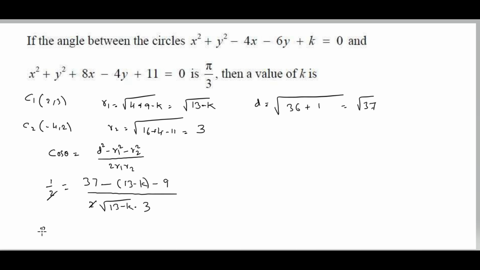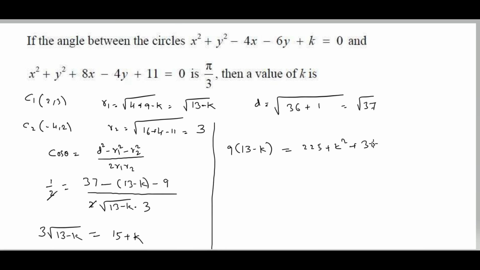Taking cross multiplication, that is 3 into root of 13 minus k is equal to 37 minus 13, that is 24, minus 9, that is 15 plus k. Now we square on both sides. 9 into 13 minus k is equal to 15 plus k whole square, that is 225 plus k square plus 30k.